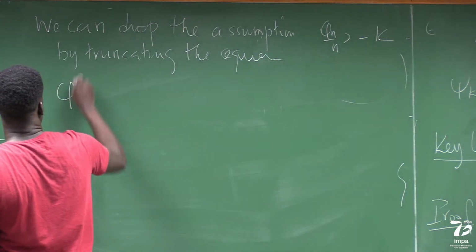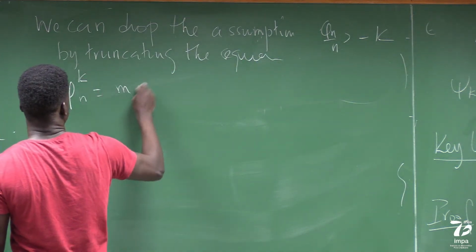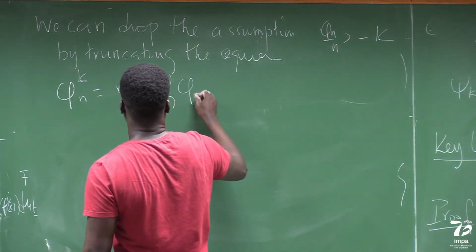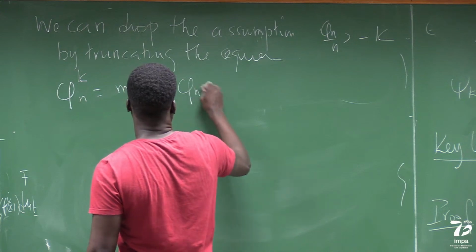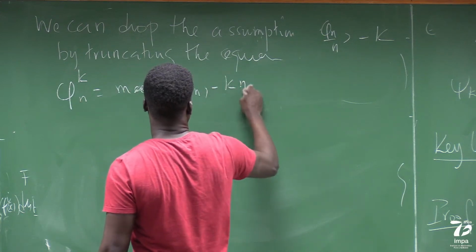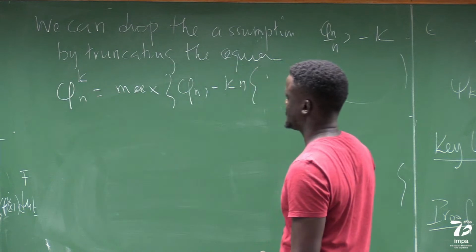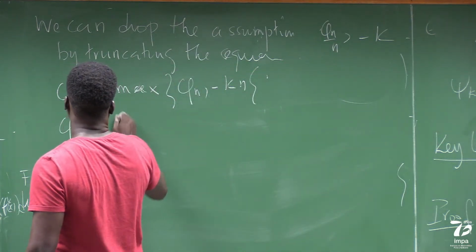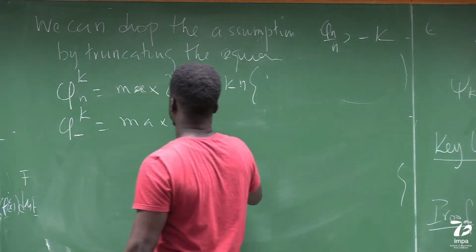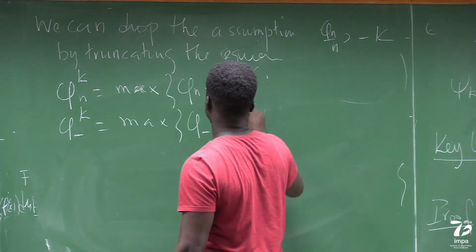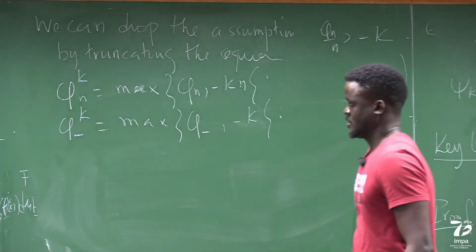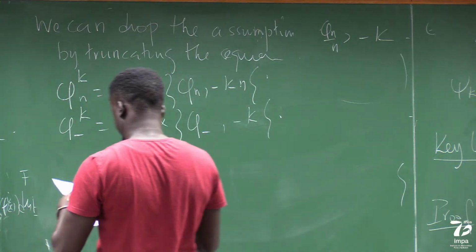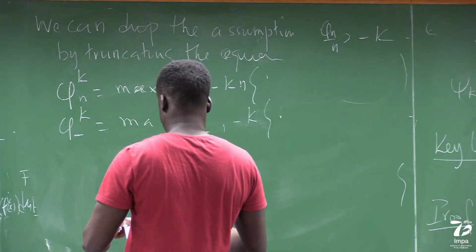I define phi k n to be the maximum between phi n and minus k n. If you do this, and then you define also phi minus k to be the maximum between phi minus and minus k, you can apply what I did here to this, and you will have that.